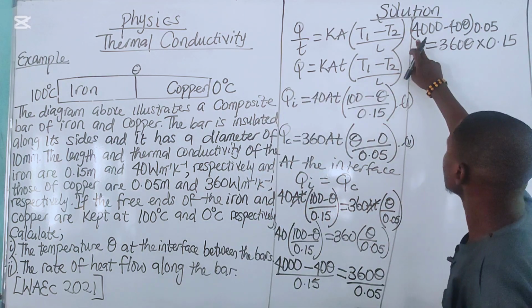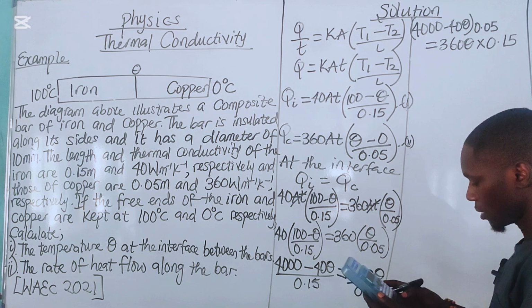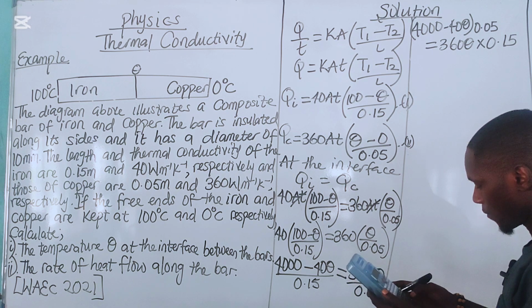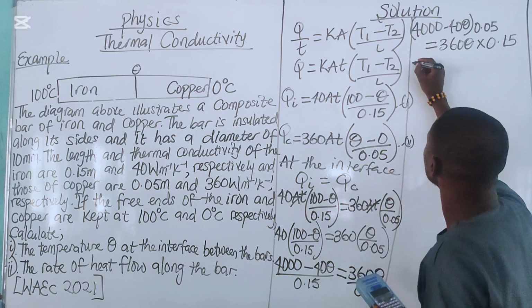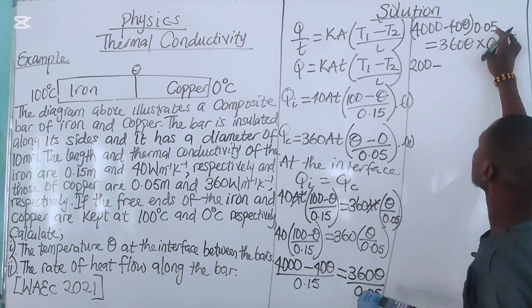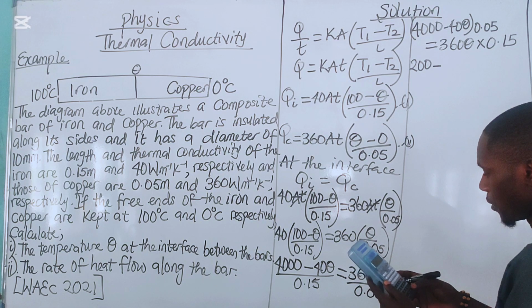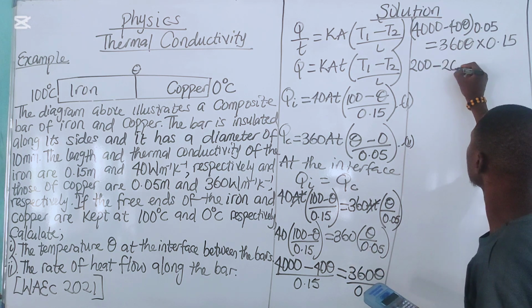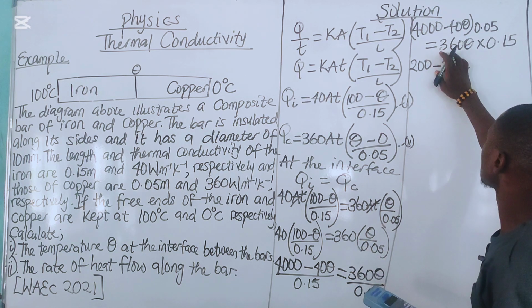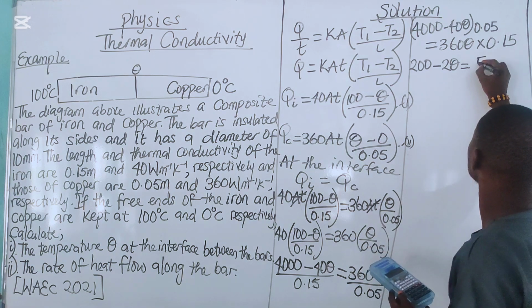Opening this bracket, I have 4,000 times 0.05, which equals 200. So I have 200 minus 40 theta times 0.05, which is 40 times 0.05, equal to 2. So it becomes 2 theta, and it equals 360 times 0.15, which is 54.